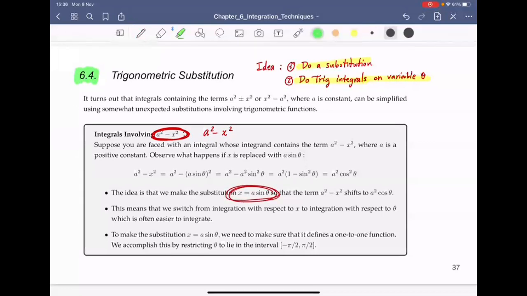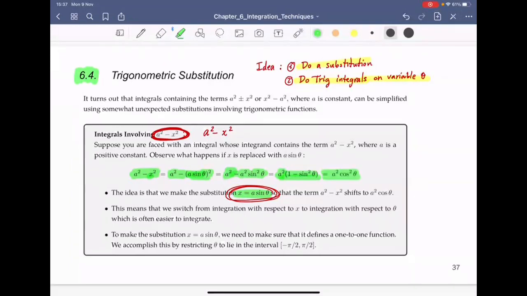If you pick x equal to a times sine theta, a squared minus x squared becomes a squared minus (a sine theta) squared. Expand the square, you get a squared minus a squared sine squared theta. Then you pull out a squared, so you get a squared times 1 minus sine squared, and then a squared times cosine squared.